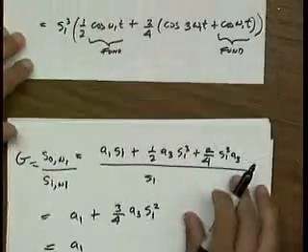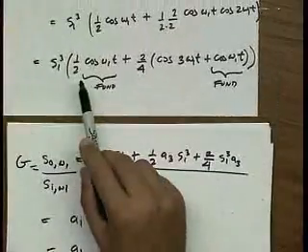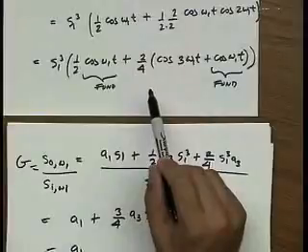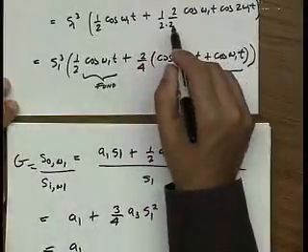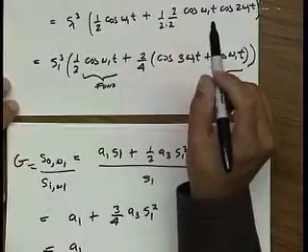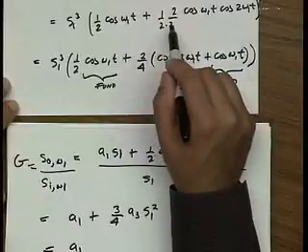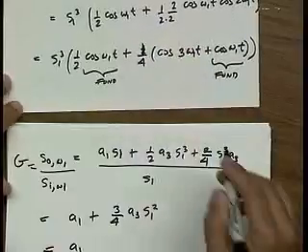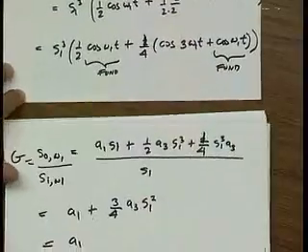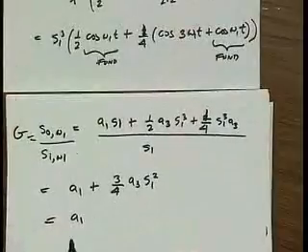Let's go back here. So it's 1/2. This is 1/4. Let me see what I did wrong here. This 2 shouldn't be there. That should be 1/4. That makes sense now. Okay, just a small mistake.